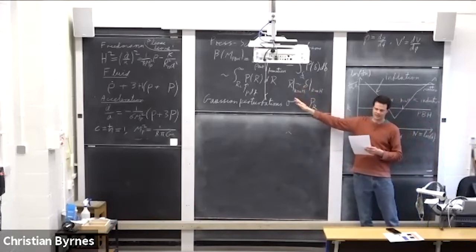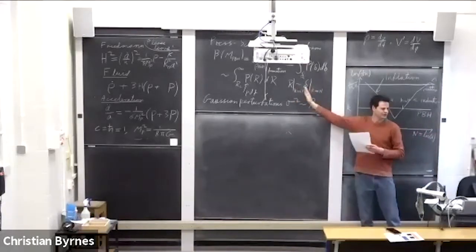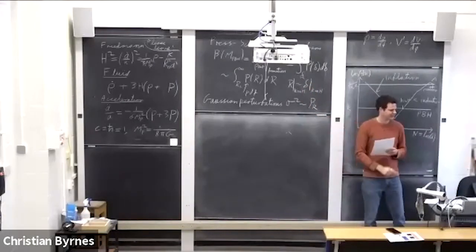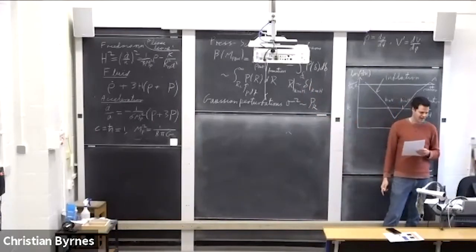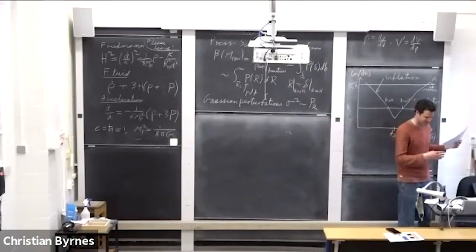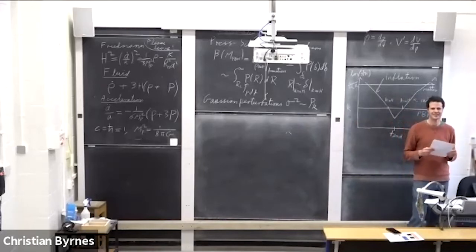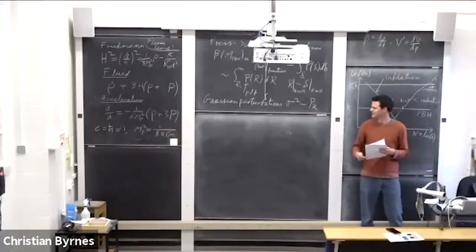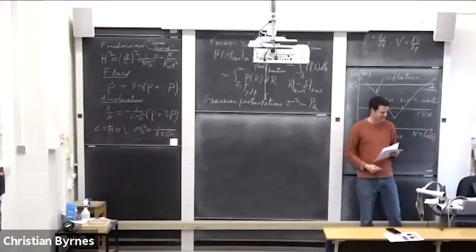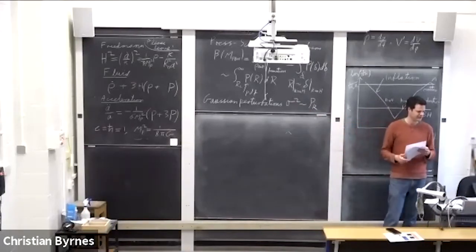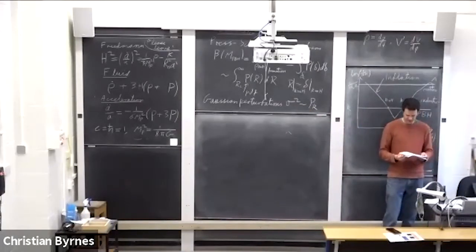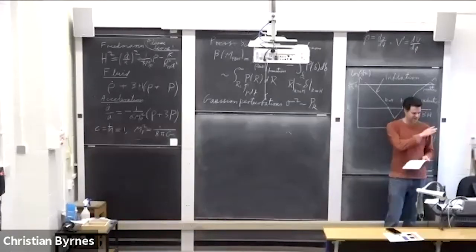Also, even if the curvature perturbation is Gaussian, there's some nonlinear correction, which means the density contrast is not quite Gaussian. But I'm trying to cover inflation and primordial black holes in a week, so we're going to run with these approximations, and they will give you correct orders of magnitude. So they'll give you good estimates and a lot more intuition than me just giving full, very complicated equations.